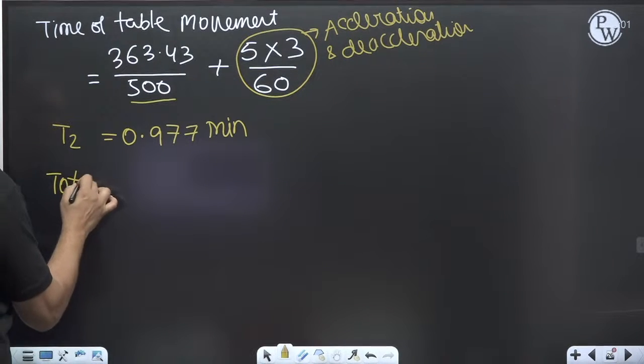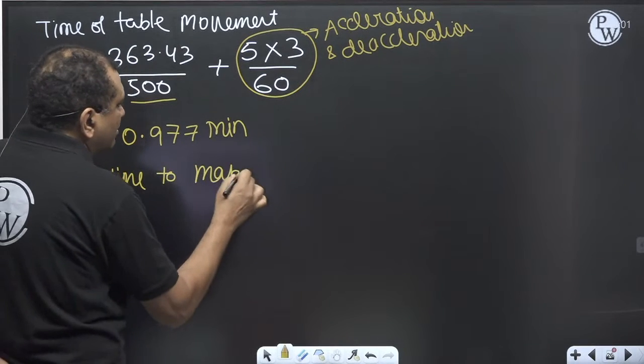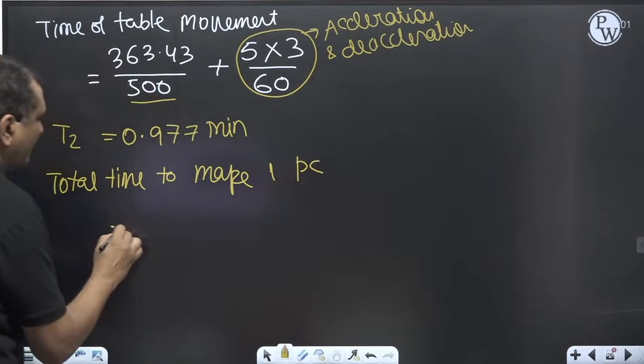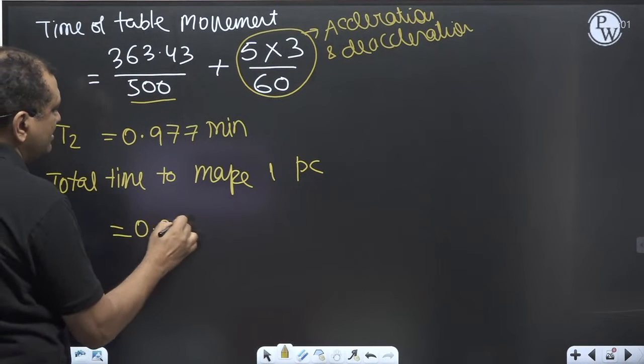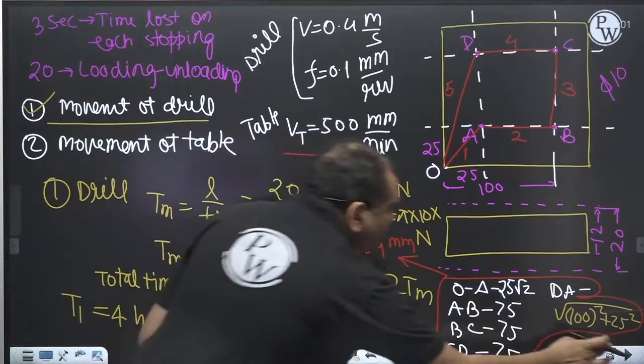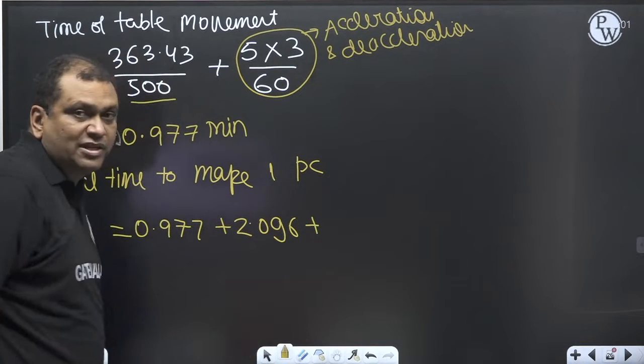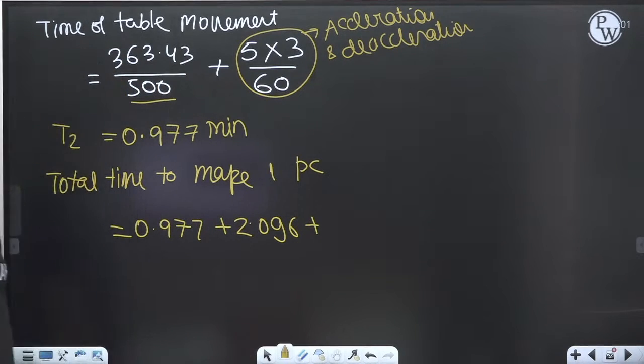So the total time to make one piece is 0.977 plus the previous time 2.096 plus loading and unloading time. Loading and unloading time is 20 seconds.